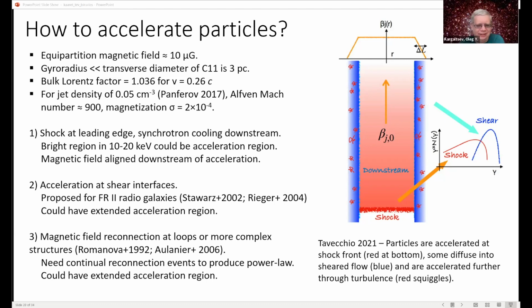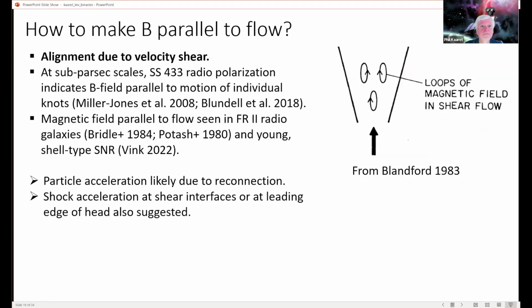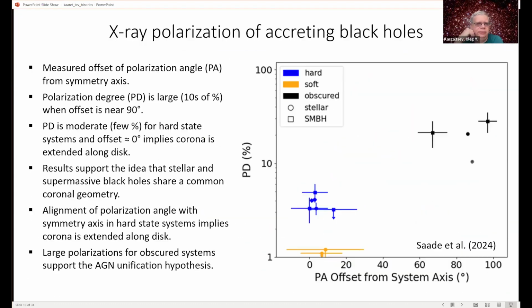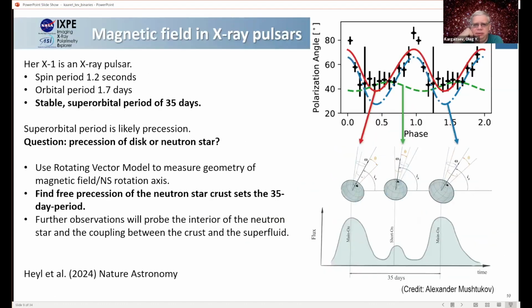Thank you for the very nice talk, Phil. I find it very interesting, the result on Hercules X-1 about the free precession and its period, because I work mostly with non-accreting sources. We've been looking at some pulsars, like a pulsar wind nebula, which has a jet with a corkscrew pattern.